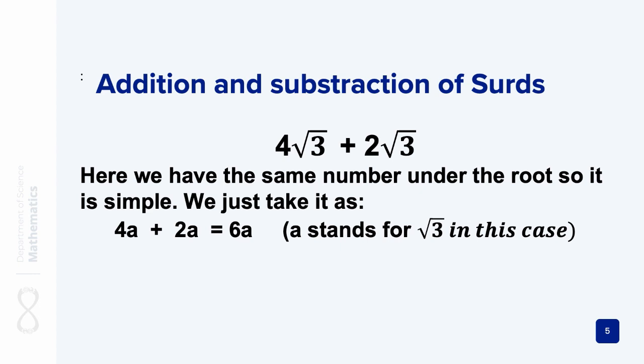So what we are simply doing is we are adding the numbers that are outside the root. So in this case, it's 4 being added to 2, which then gives us 6, and then we reveal our a, which is root 3. So your answer becomes 6 root 3.